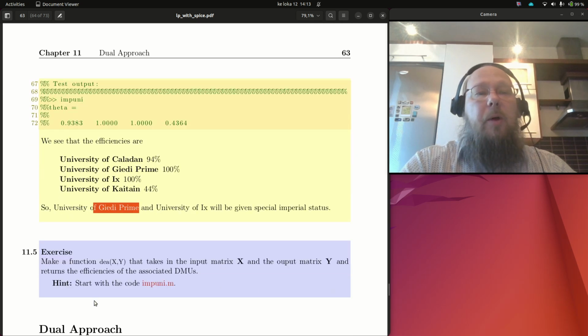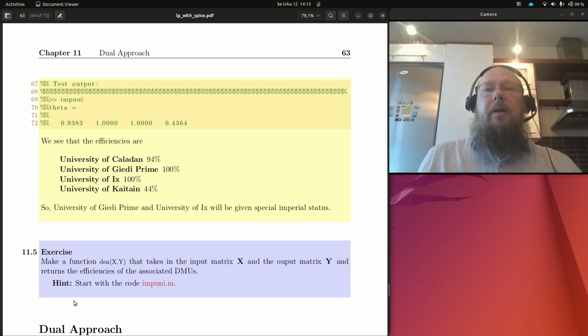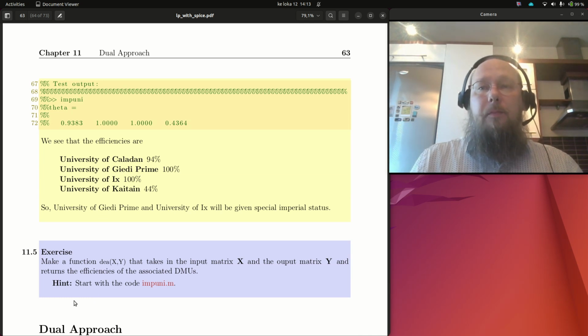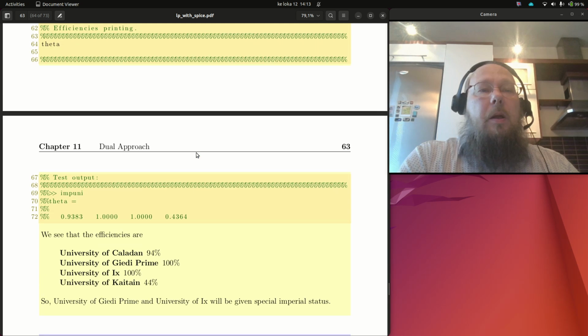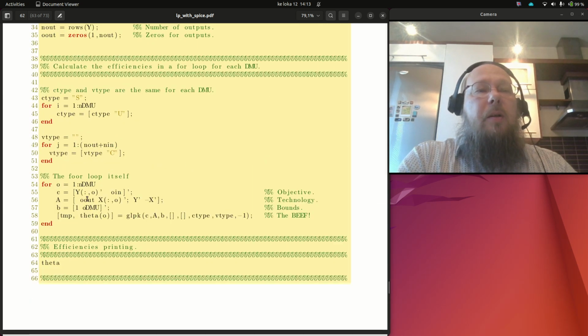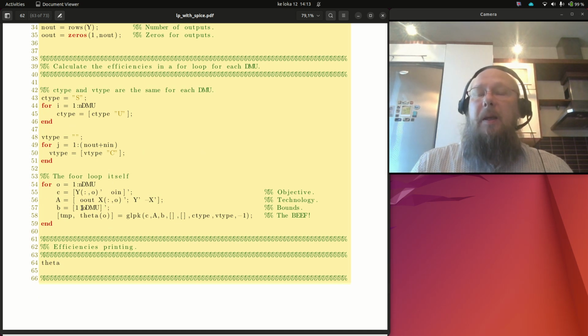Then there is one more exercise. This is a kind of obvious exercise. This was a rather painful thing to do. So of course, if you want to calculate many DEA problems, data envelopment analysis problems, it would again be nice to have a program that does it automatically.